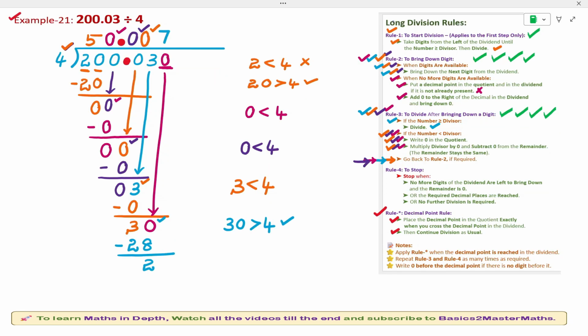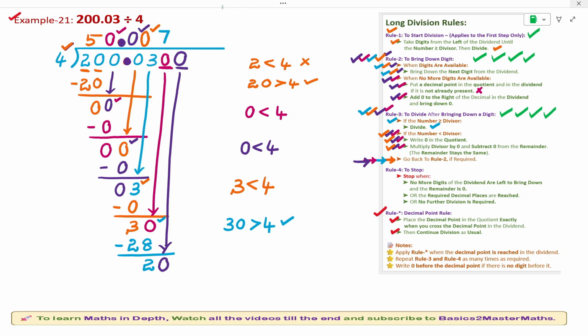Let us go back and apply rule 2 again. When no more digits are available and the decimal point is already present on the dividend and on the quotient, add 0 to the right of the decimal in the dividend and bring down 0.